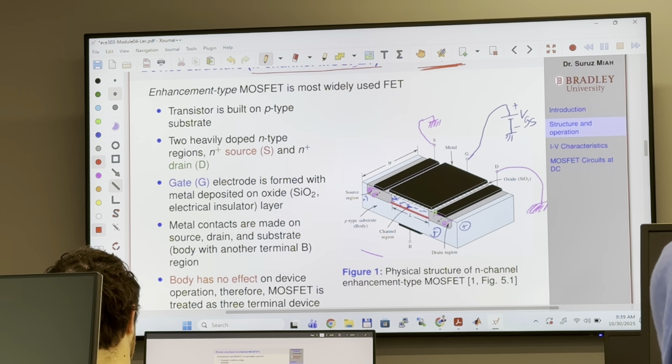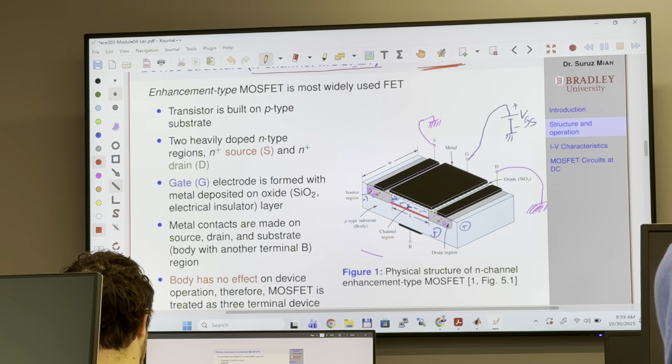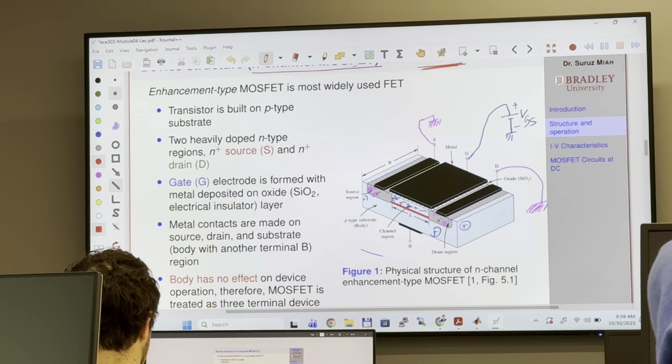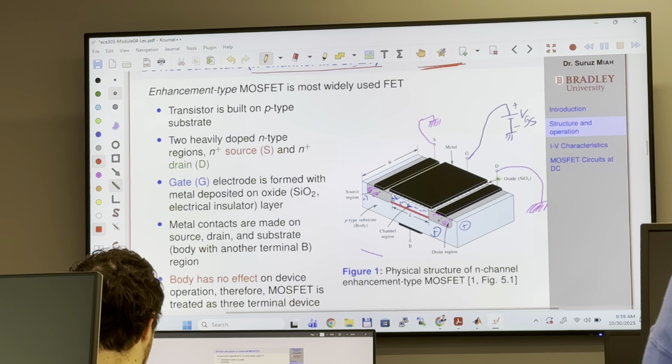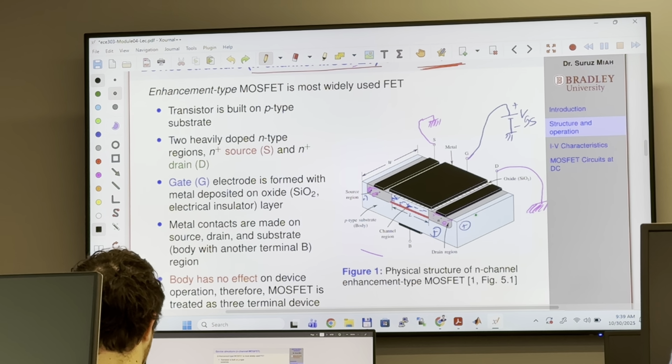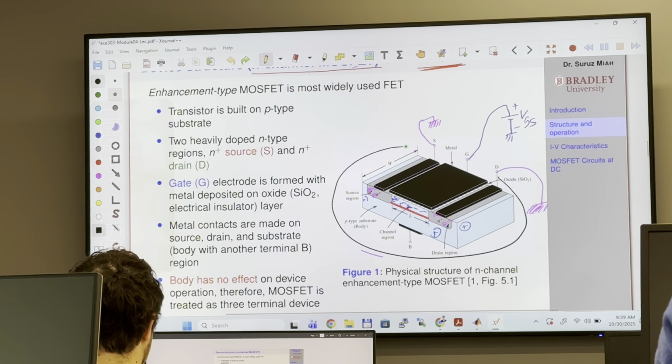That's why it is called enhancement mode, which means the external voltage is enhancing these electrons. This channel is created with N-type material, with electrons, so electrons will flow this way. Therefore, if you apply some voltage right here, current will flow from drain to source.